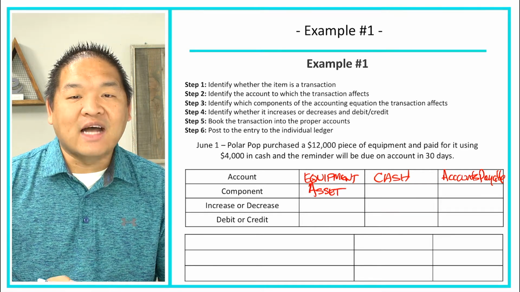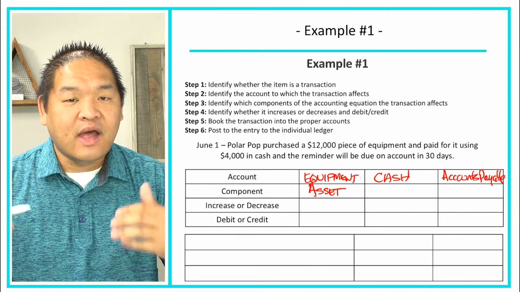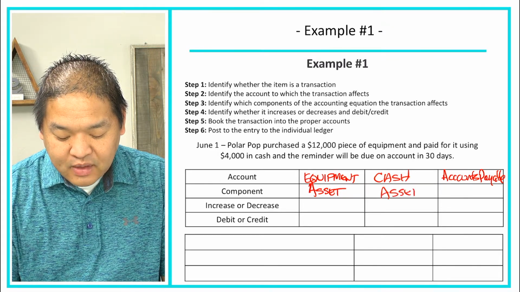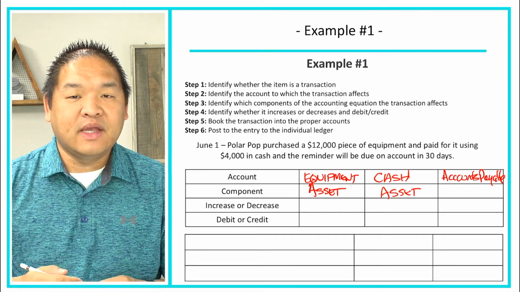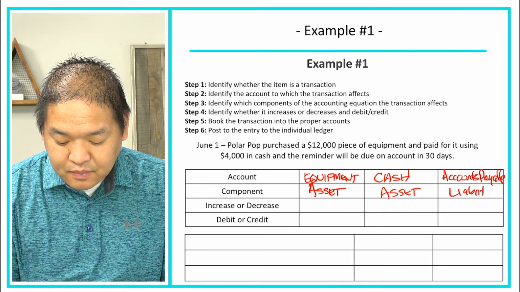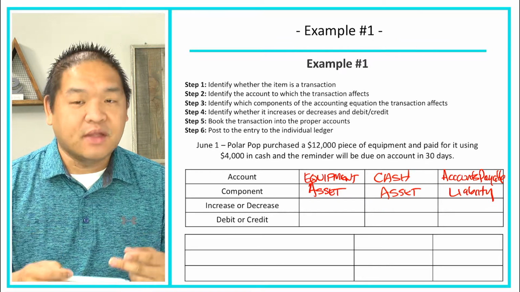What about cash? Well, cash is a benefit that will yield benefit to the organization, so that's an asset as well. And then accounts payable is a liability because we owe it to someone else. All right, so we have equipment as an asset, cash is an asset, accounts payable is a liability.